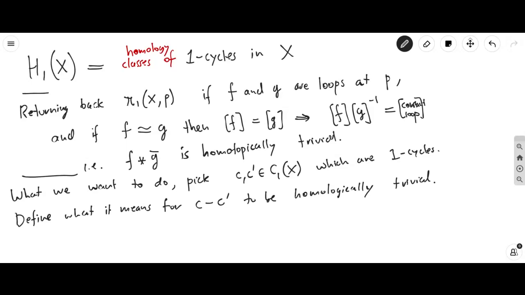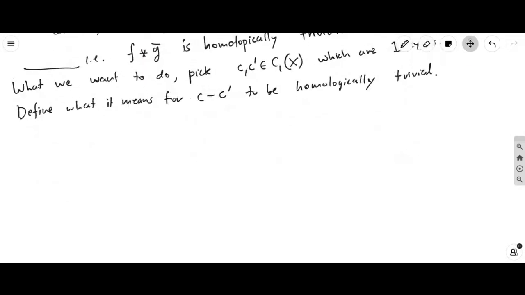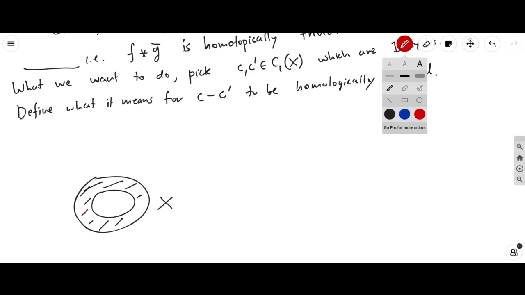So instead of using homotopies, we're going to do this a little bit differently. Now, the motivation for what we're about to do is inspired by what happens in the fundamental group. Let's say this is your space. It's an annulus, right? And let's say you have a path that goes around the hole. This is your f. And then you have a path, g, that does not go around the hole.